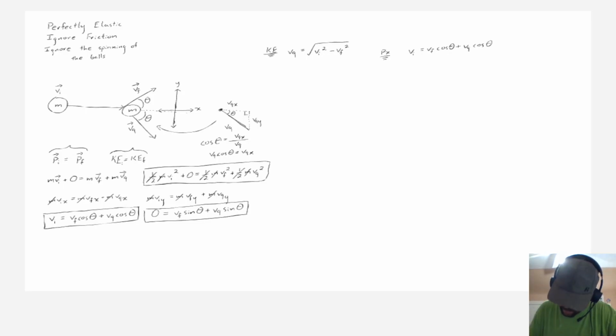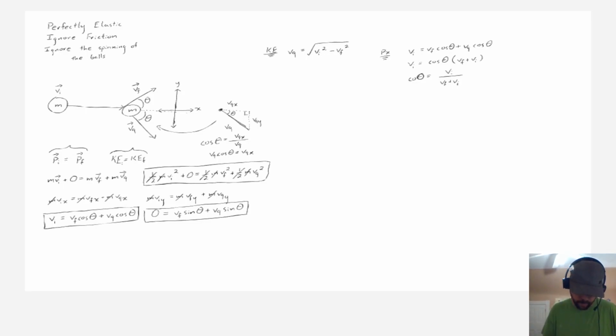We can factor out cosine of theta, so we get v initial equals cosine of theta times v final plus v9. And then we can divide by v final plus v9, and we'll get cosine of theta equals v initial divided by v final plus v9. So now we have solved for cosine of theta from the x components of the momentum vector.